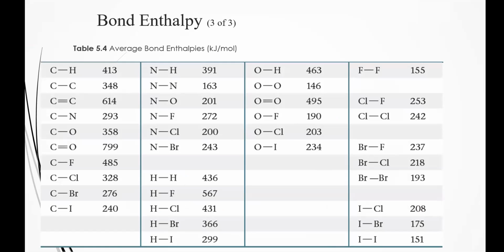So for bond enthalpies, what you would do is you would get a table that looks like this. And this is telling us the energy that's required to break the bond. So they're always given as positive values, and that's because that's how much energy we have to put in to break it.